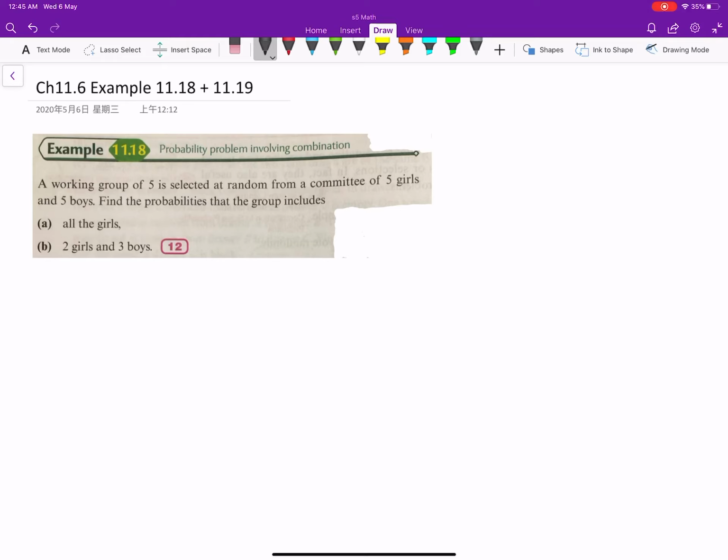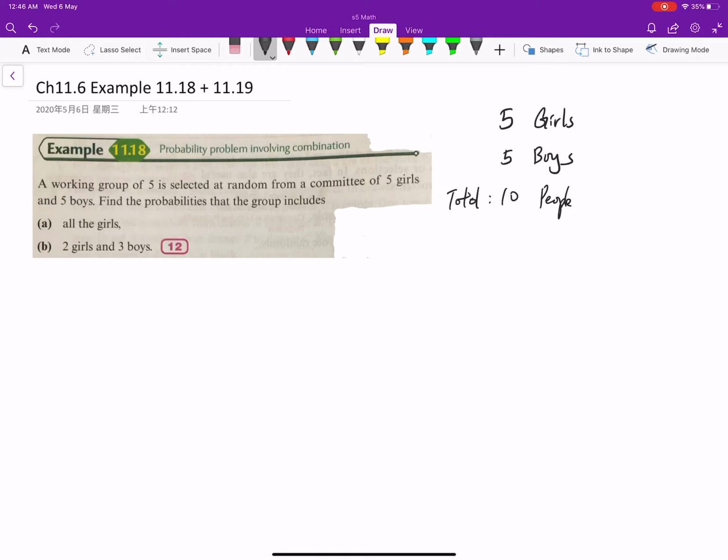So first of all, we need to understand the questions. Now, how many people are there? From the questions, you know there are 5 girls, right? And you have 5 boys. So in total, we have 10 people.